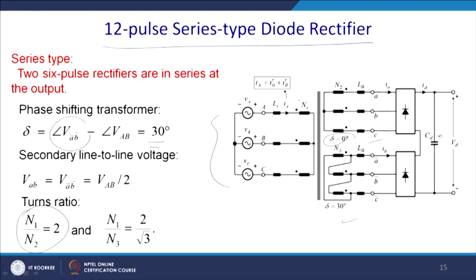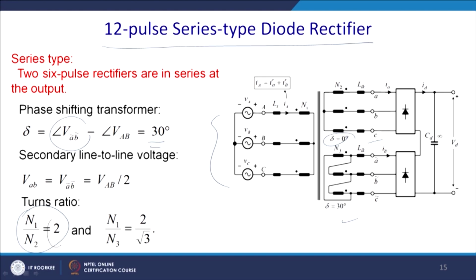N1 is the primary side, and generally it is on the distribution side. So we expect it would be step down. But you require the same level of voltage, and for this reason the delta has more line voltage.